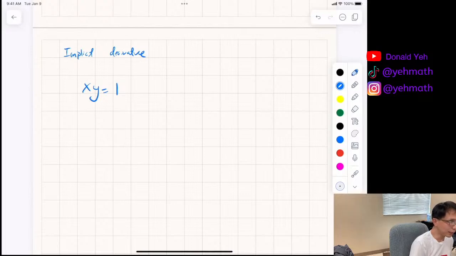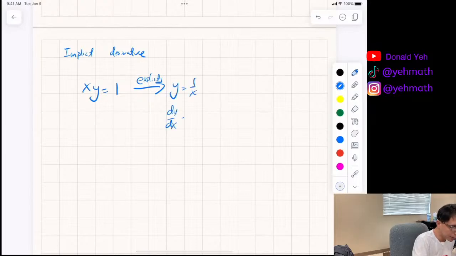Let's say explicitly. That's going to be y equals 1 over x, and if you take a derivative, dy/dx is equal to -1 over x squared. And that's explicit, which means you can solve for y.